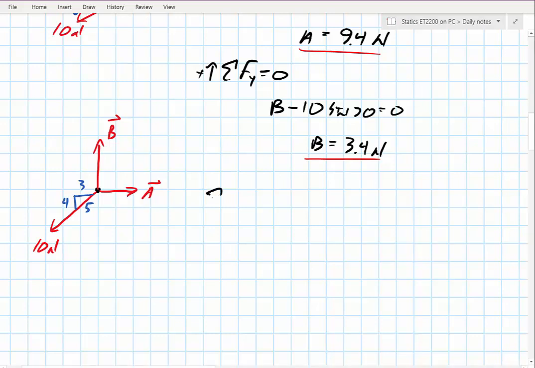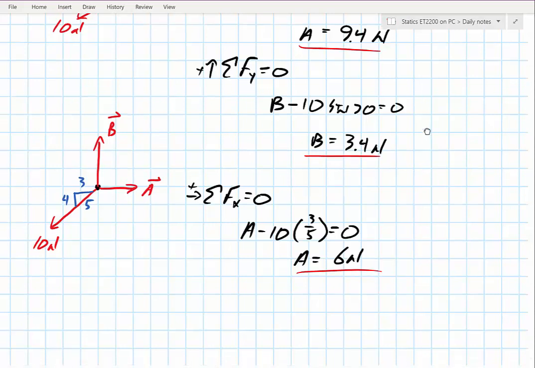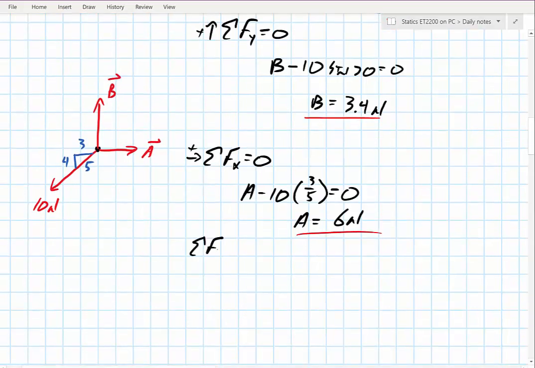So if this is the case, if we were to go back and say our sum of the forces in the x direction equals 0, I have A going in the positive minus this 10 in the x component would be 3/5 is equal to 0. So A would be equal to 6 newtons. And same idea with the y direction.